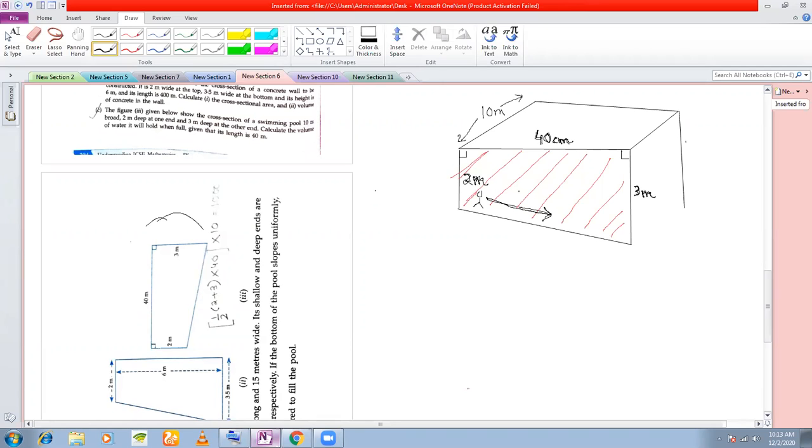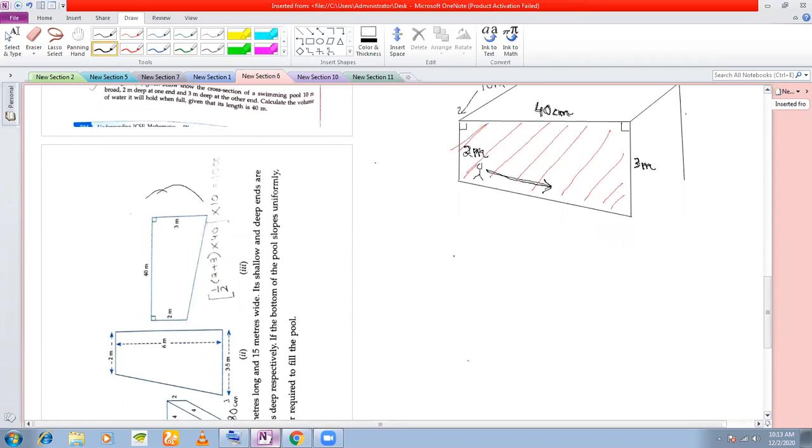Okay. So what we are going to do here is we are going to first find out the area of the cross section. This shaded part is your cross section. So area of cross section of the swimming pool. What is the area of the cross section?